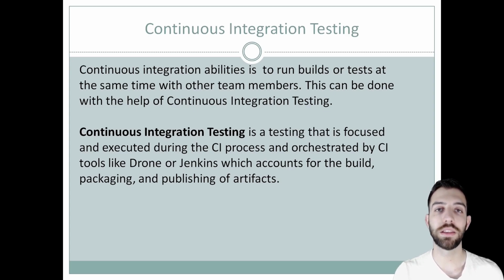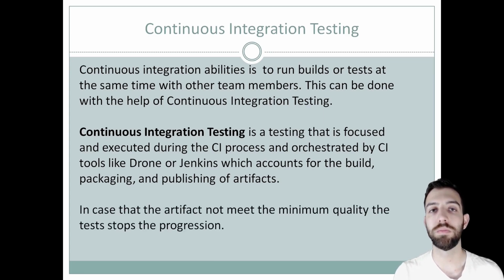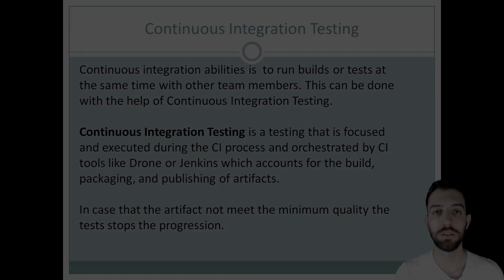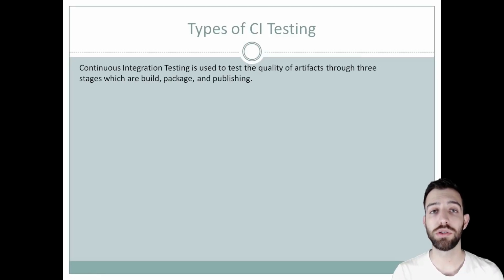Of course, we expect a certain level of quality of the artifacts when they are being built before the release date. In some cases, when the artifact does not meet the minimum quality, the tests stop the progression. In most cases, continuous integration testing focuses on the artifact before its deployment to the first integration environment. Continuous integration testing is used to test the quality of the artifacts through three stages: build, package, and publishing.